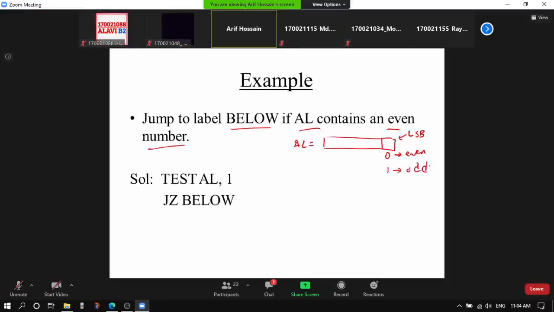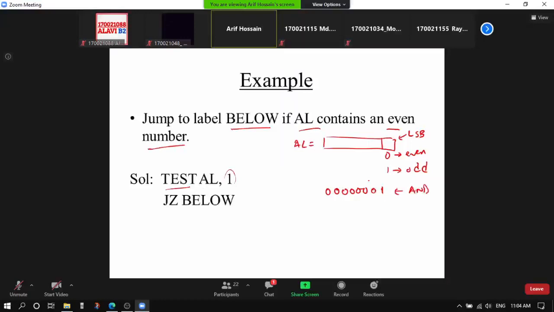So as I said, see what test is doing. Test and your mask is 1. So it is performing an AND operation with AL. Whatever the values of AL, you are performing AND with 1. I mean, 1 is 0 0 0 0 0 0 0 1. So you are performing AND with this mask.